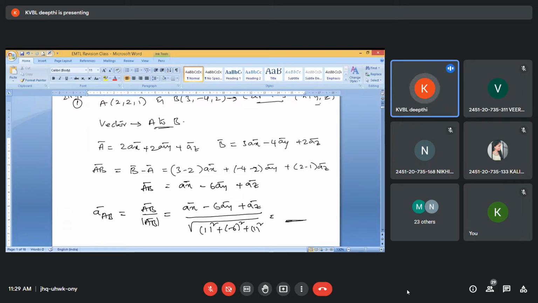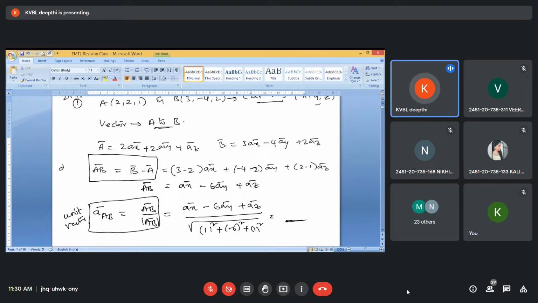Calculate this and we will get the unit vector. So directly, this is the formula for finding the vector, and this is the formula to find the unit vector.